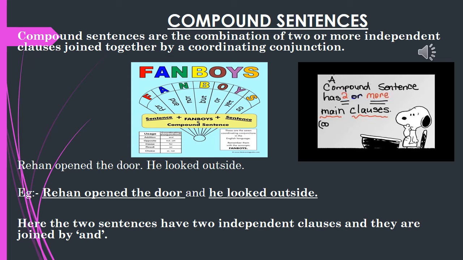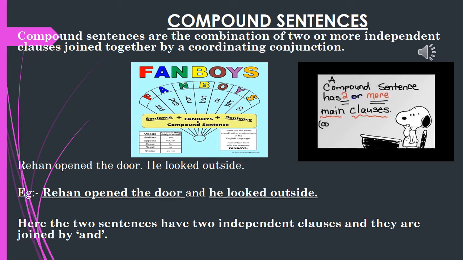The second type of sentence based on the structure is called compound sentences. Compound sentences are the combination of two or more independent clauses joined together by a coordinating conjunction. And you can see here FANBOYS.